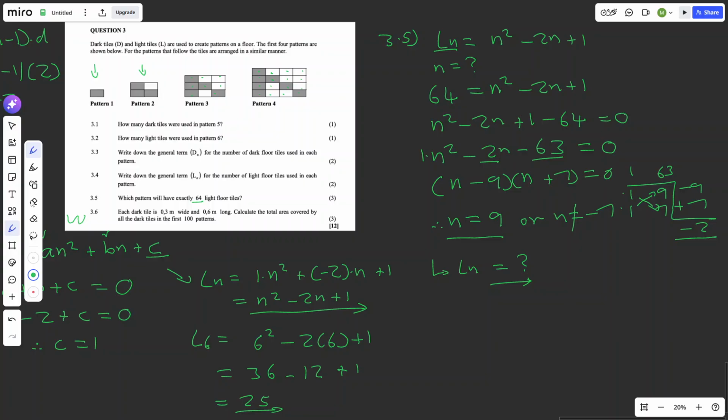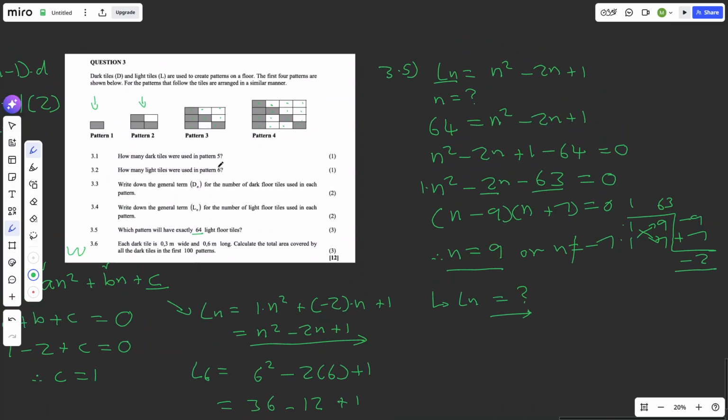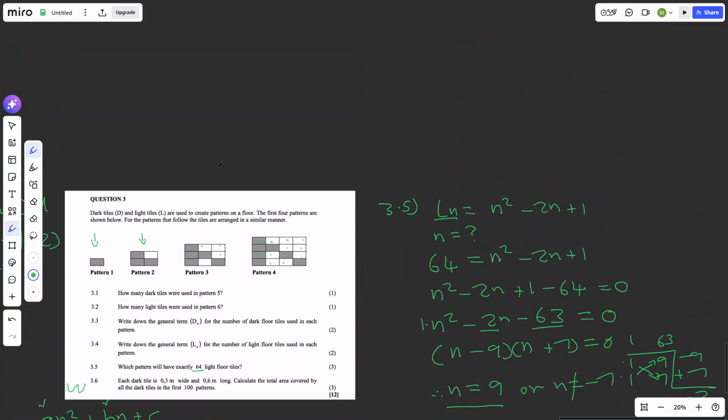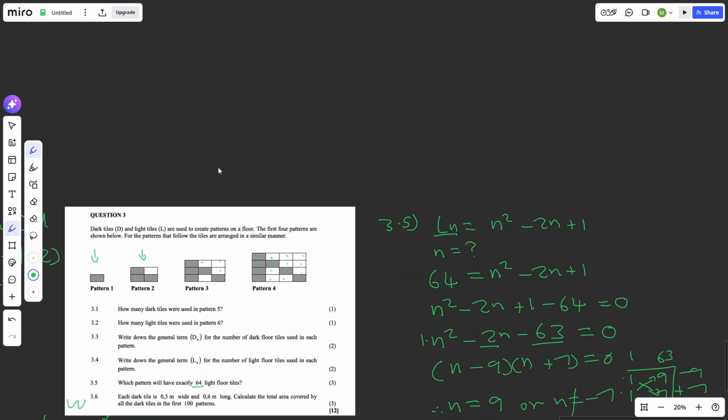Let's now go to the last bit, okay? So for the last bit, 3.6, we are given that each dark tile is 0.3 meters wide and 0.6 meters long. So let's just quickly draw something here.